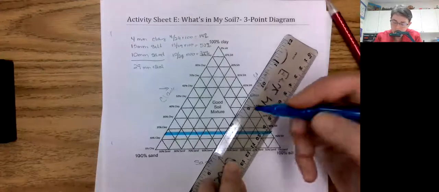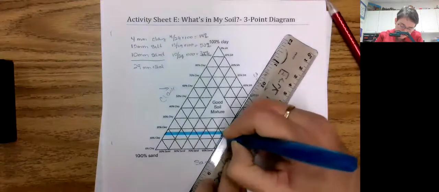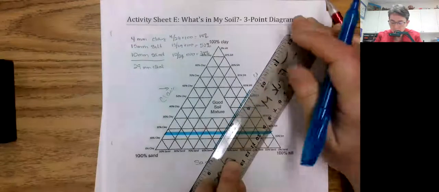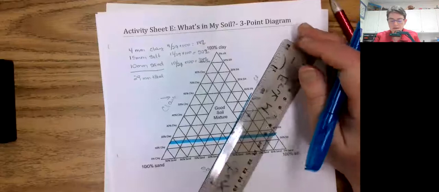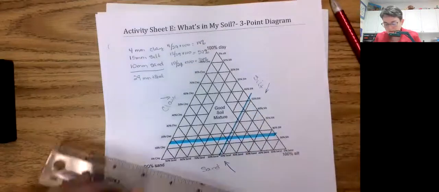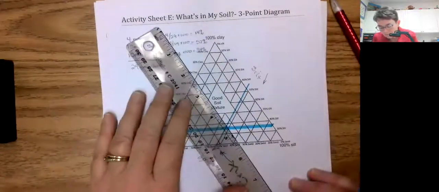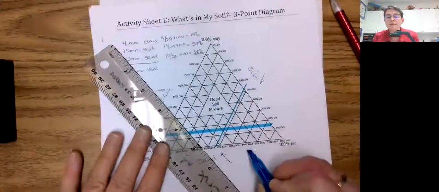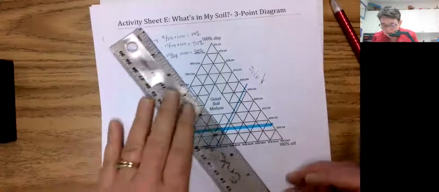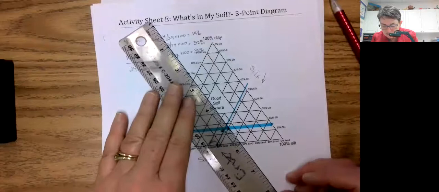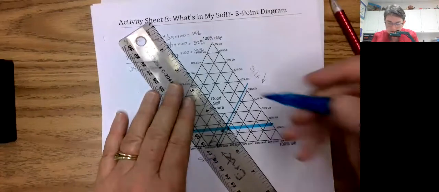And I'm going to be a little more careful with my highlighter so I don't get quite such a thick line. There we go. All right, and then we need 34% sand. So there's 30% sand, there's 40% sand, so a little teeny bit less than halfway.